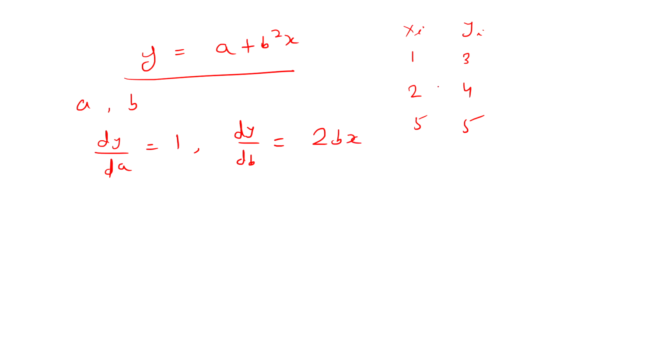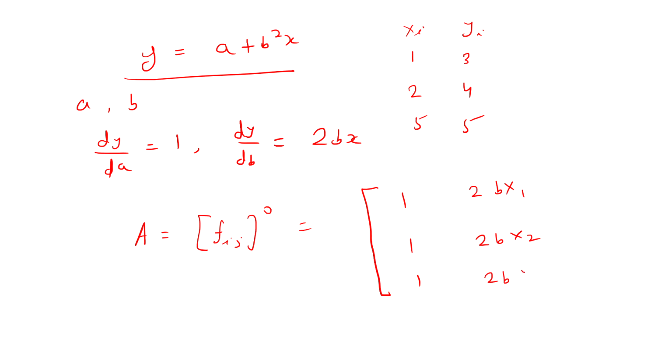So the matrix A, which is nothing but Fij0, will become, since there are only 3 data points, 1, 1, 1, 2bx1, 2bx2, 2bx3. So this is my matrix A.